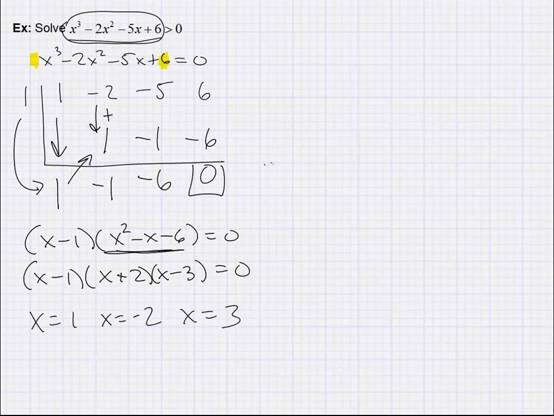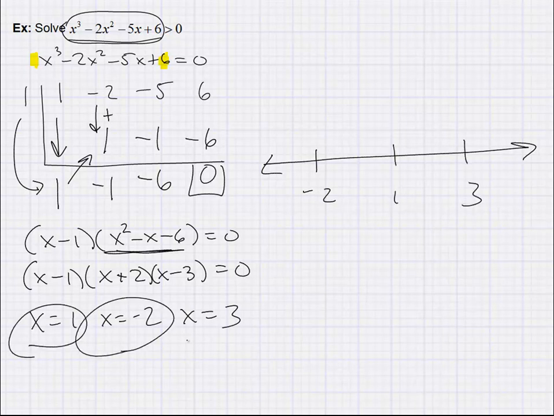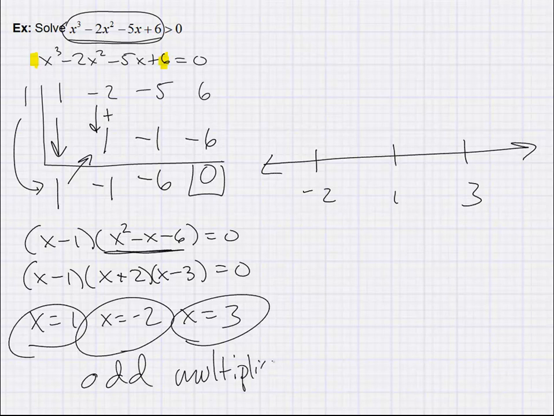So I'm going to graph those on a number line. Okay, I get negative 2, 1, 3. The multiplicity for each one of these zeros is 1. Odd multiplicity. Which means I should cut through the x-axis for each one of these zeros, if I think of them as x-intercepts.